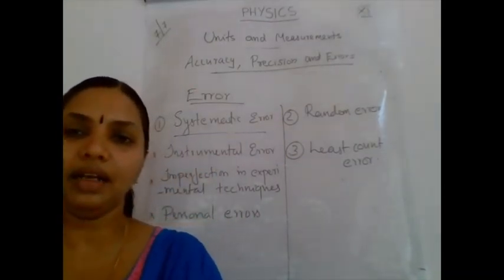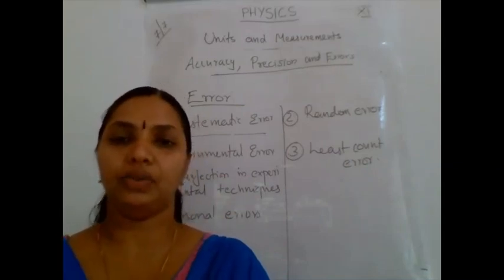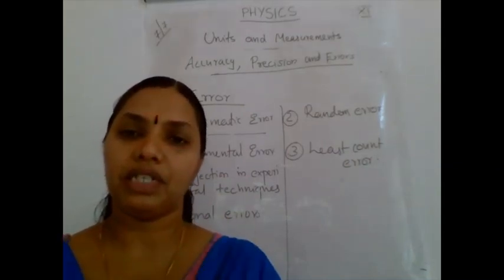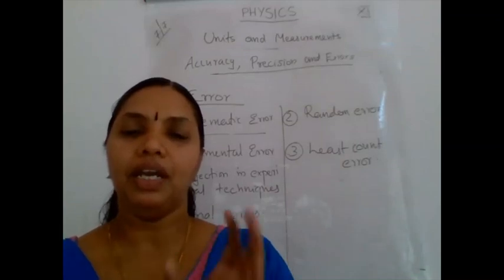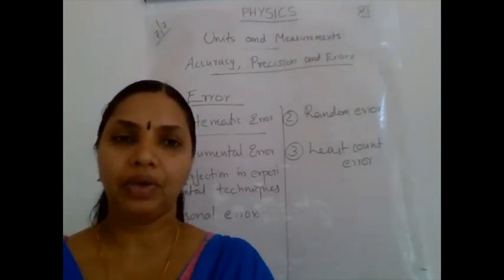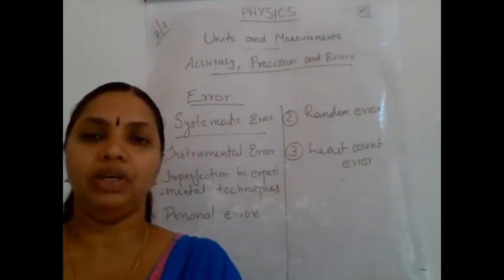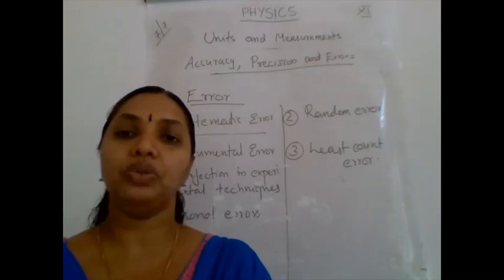And we go for a set of readings. I told you we take 5 or 6 readings. An experiment we are doing, we repeat it and take the readings, and we go for the mean value, which comes to the true value. So that will help us reduce the error in the measurement.